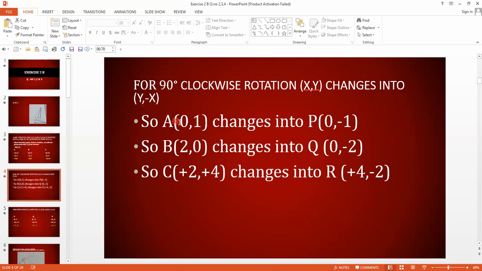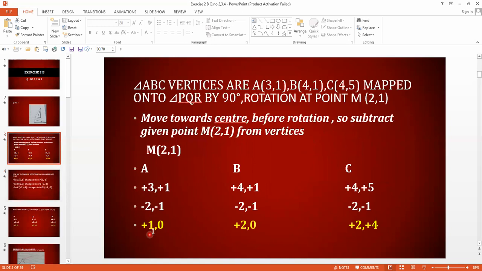Clear? So look front. Again, we come to the point. Look here. The final point is +1 and 0. So we have to change their position. So 0 becomes X and +1 becomes Y, but the plus 1 sign changes into minus 1. Clear? Why do we have to change?